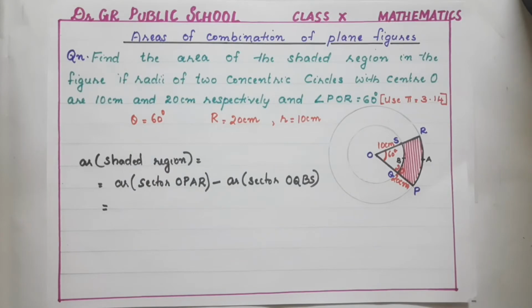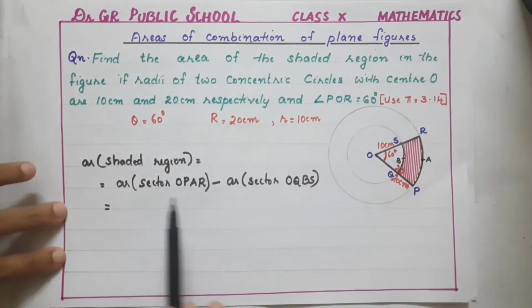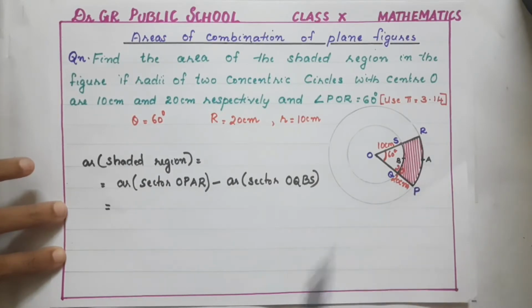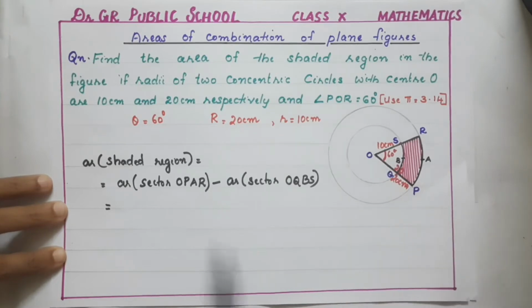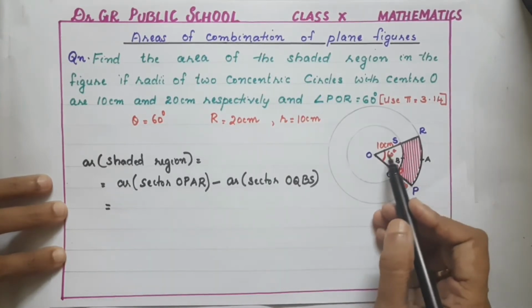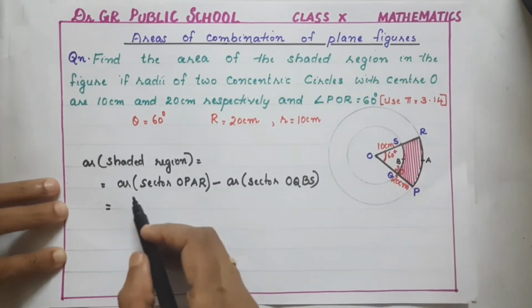Now come to this formula. Area of shaded region is area of sector OPAR, that means larger sector. So for both the sectors we have common angle 60 degree.